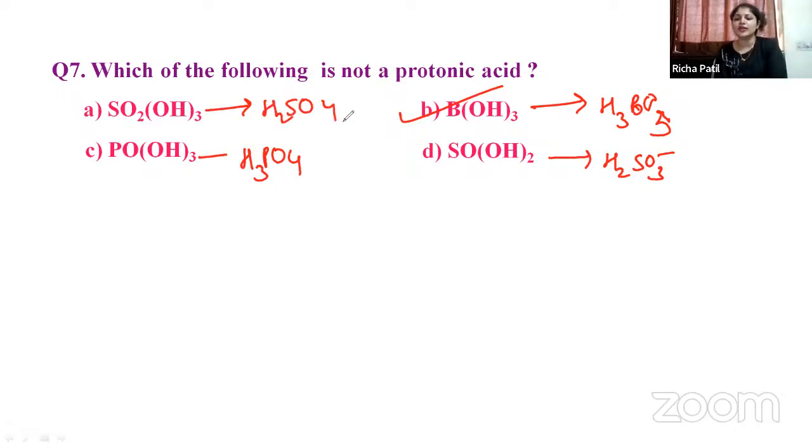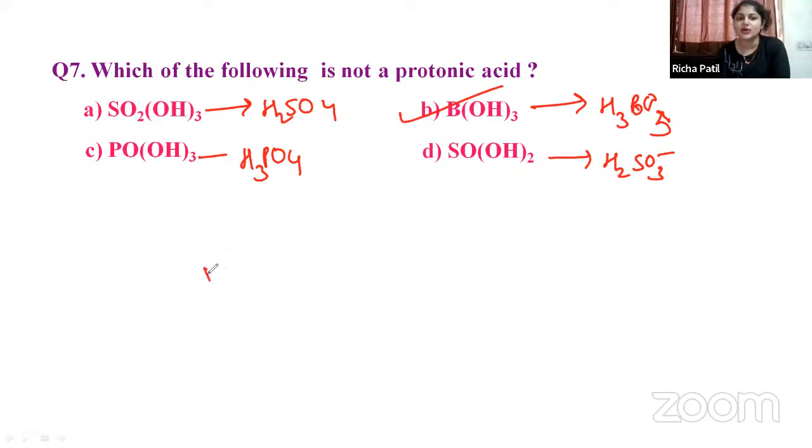Out of the four, when boric acid is added to water, it acts as a Lewis acid, while the rest of the three, when dissolved in water, lose protons.